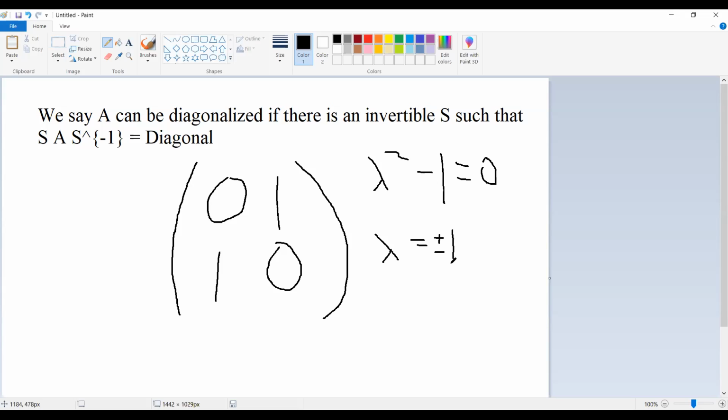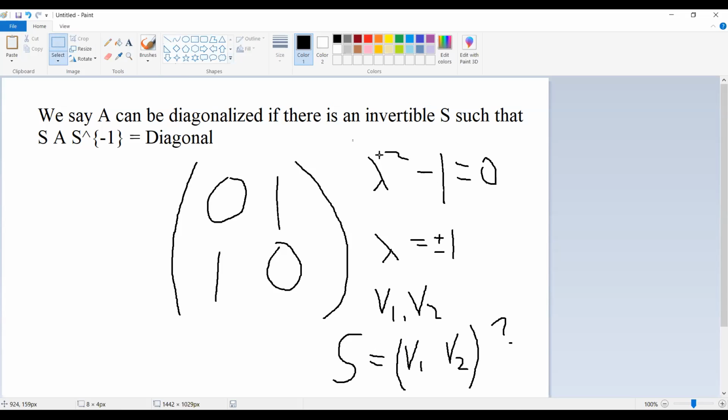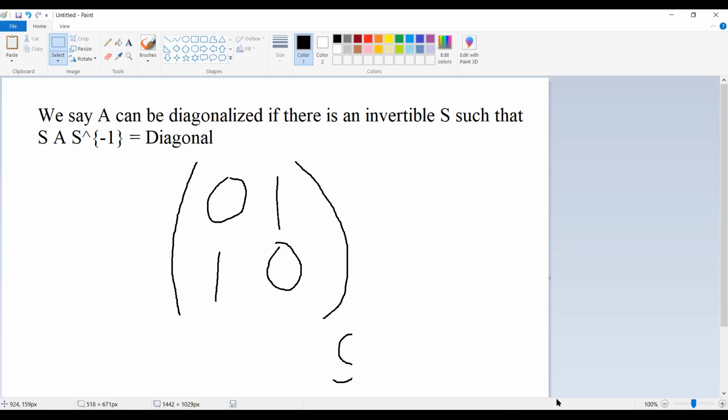So I have two distinct eigenvalues, and so I can get v1 and v2. And then the matrix S involves v1 and v2, maybe just putting them in like this, or maybe the inverse of that. So this was not a bad try, but this matrix is diagonalizable.